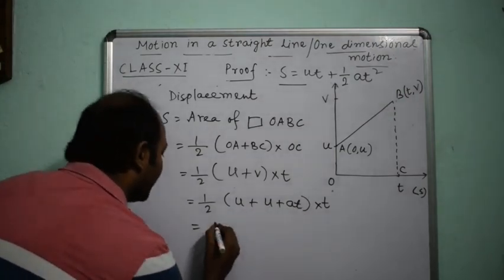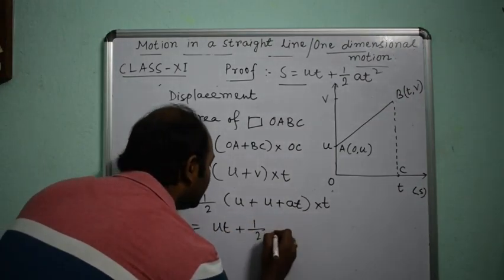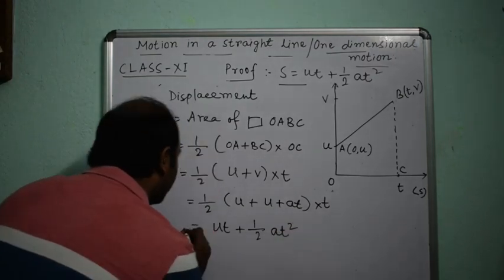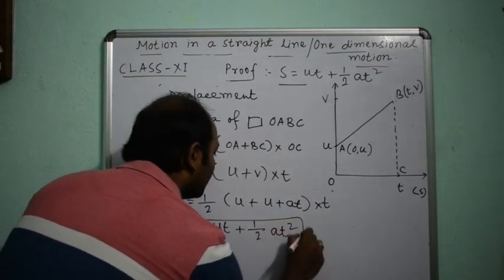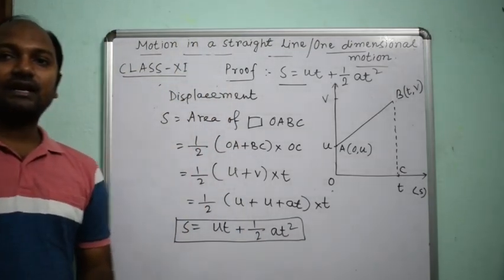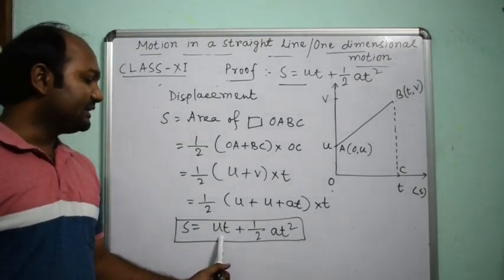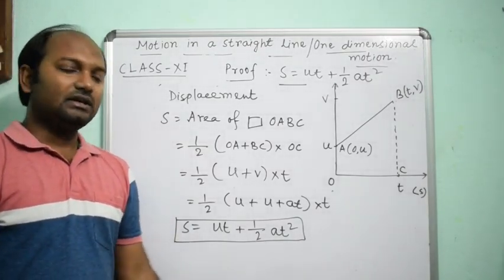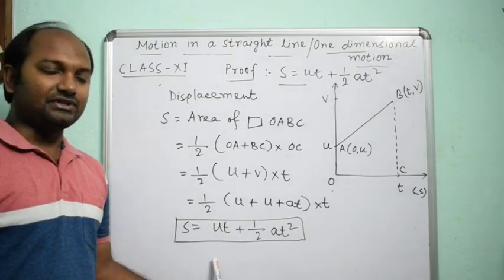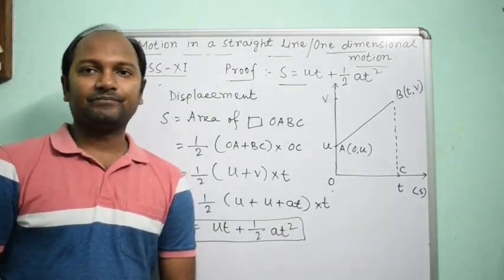If you simplify, it becomes ut plus half at square. So it is the derivation for the second equation of motion. S equals ut plus half at square. S is displacement, u is initial velocity, a is acceleration, t is time.